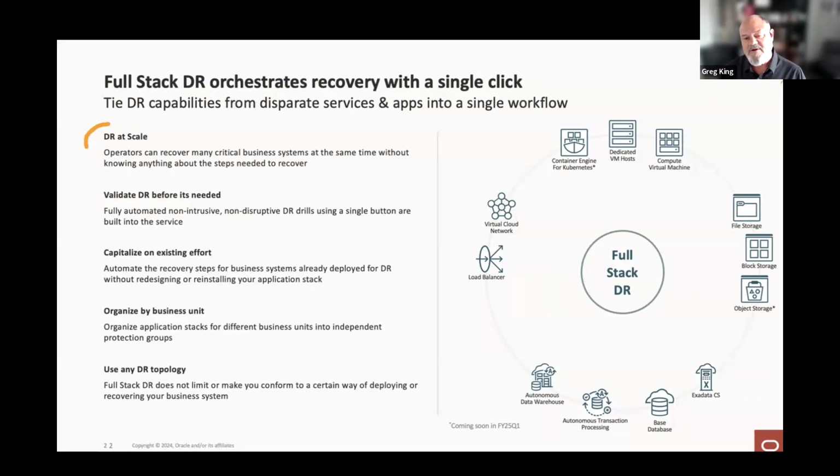Full Stack DR at scale means that in that same amount of time or less, you can now trigger and execute DR operations for many of your different business systems: HR, maybe finance, logistics, the customer portal, all those different applications that you have. You can trigger them all at the same time if you want to, or just one at a time. And you can do all that in the same amount of time. That's the point of this thing.